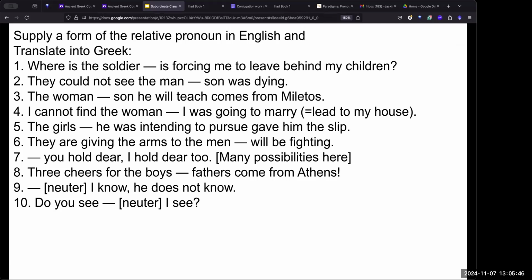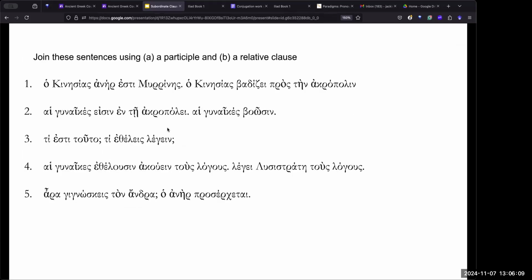Whatever I know, he doesn't know. All right. Do you see blank I see? Yeah, what. Do you see what I see? All right. Okay, so let's see what I have here.